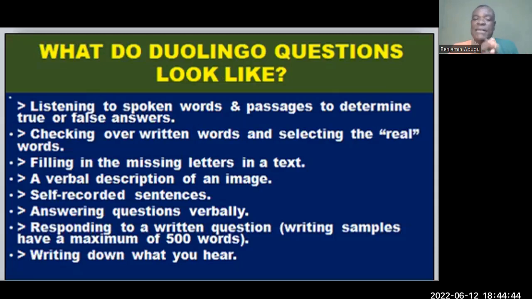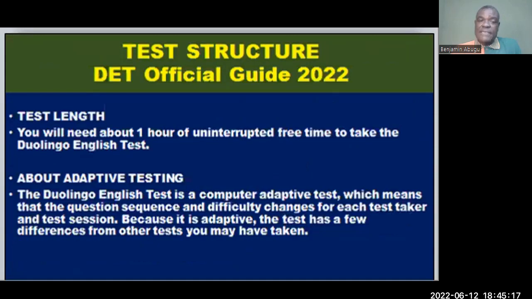Then it could be a verbal description of an image. You are given an image and asked to describe it. It could be self-recorded sentences, all right? It could also be answering questions verbally. It could be responding to a written question, writing samples and so on, okay? You might be asked to write down what you hear. So there are different types of questions that you should expect in the Duolingo test.